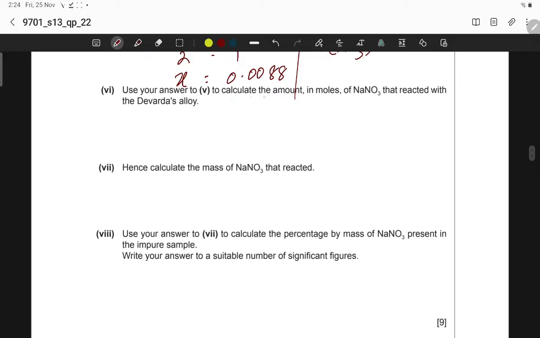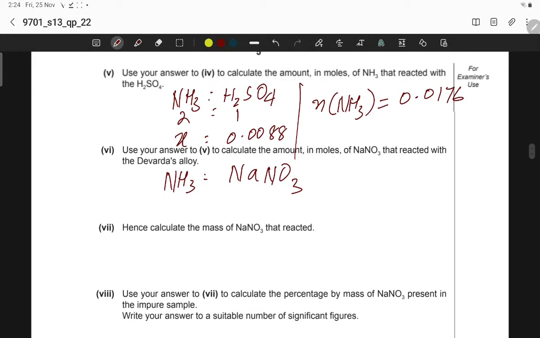Now use your answer 5 to calculate the amount in moles of sodium nitrate that reacted with the Devarda's alloy. Now we have the moles of ammonia. By taking the mole ratio of ammonia with sodium nitrate, it is 3:3.